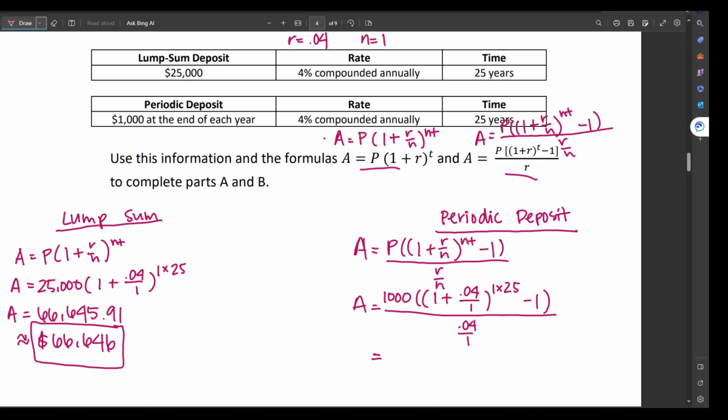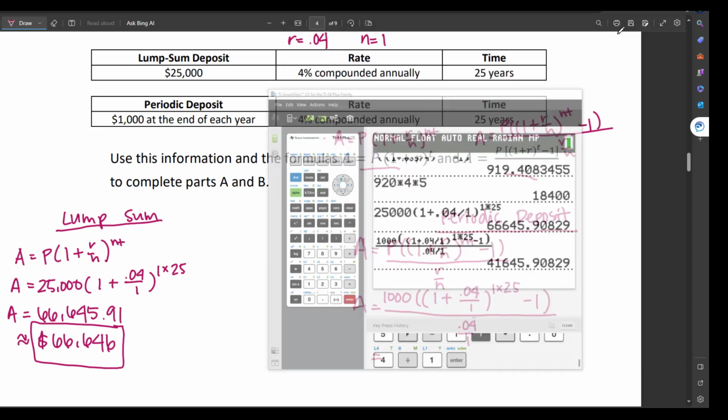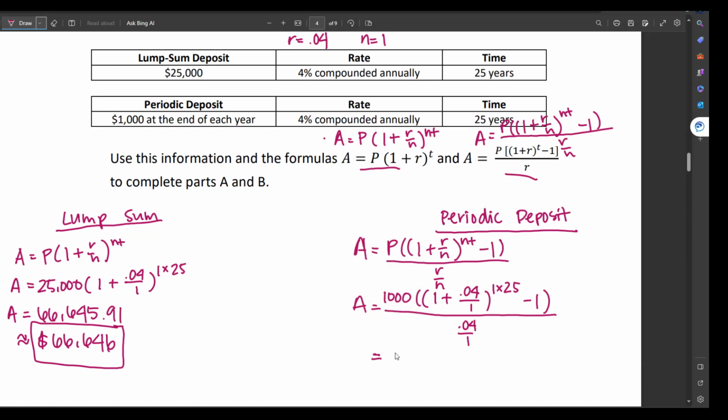And for our other one, we have $41,645.91. I'm sorry, 91. And this is going to round to 41,646.